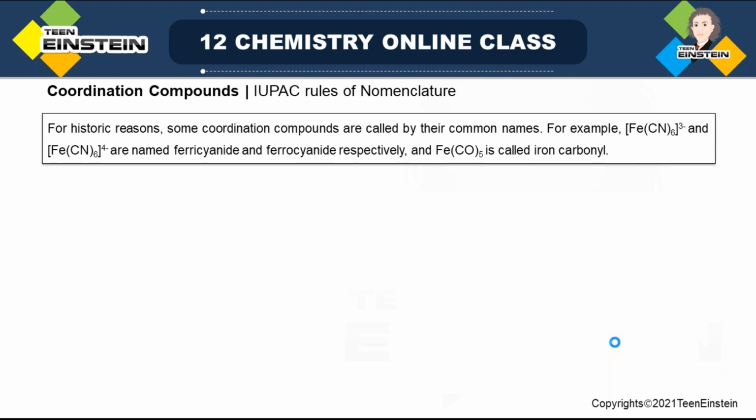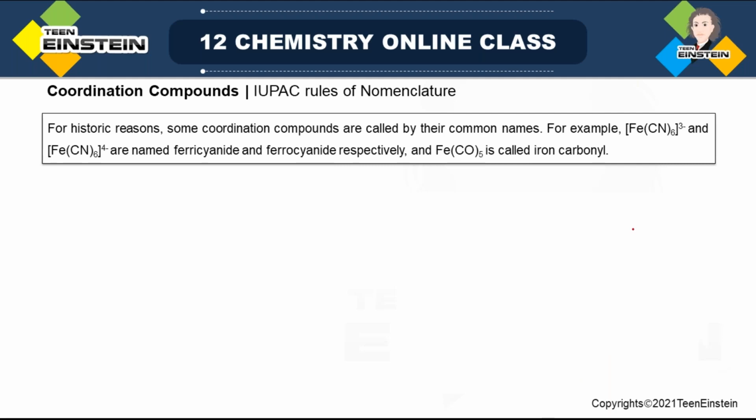Now remember, in some cases common names are traditionally used, though there are IUPAC names that should be used. Because of historical reasons, the common names are so popular that they are called by their common names.